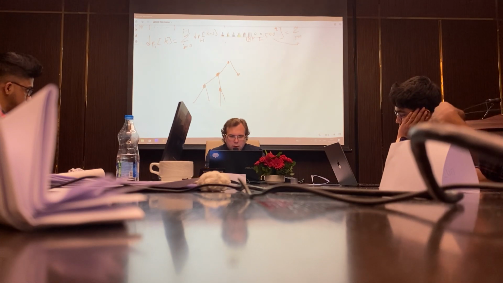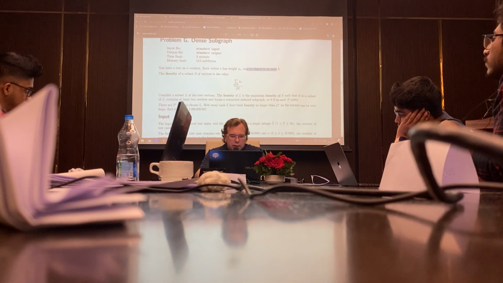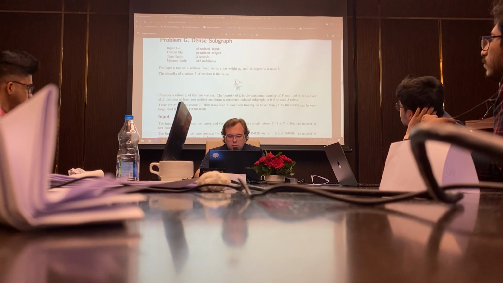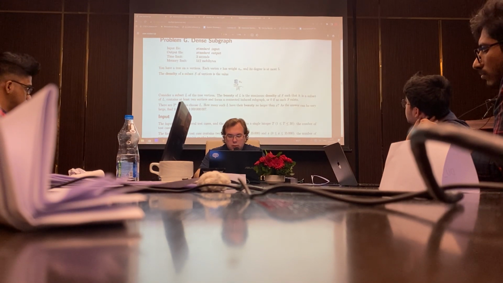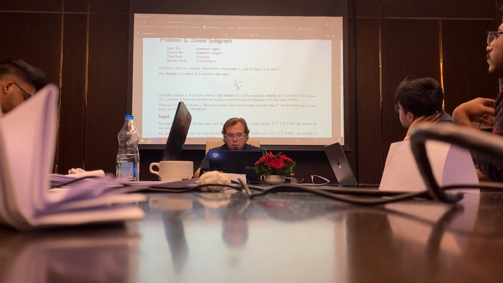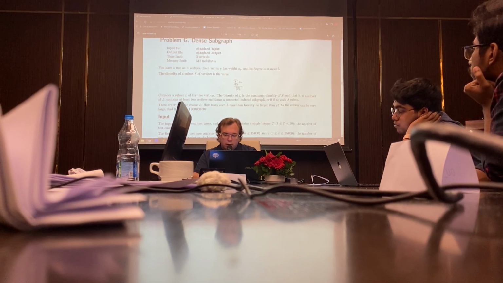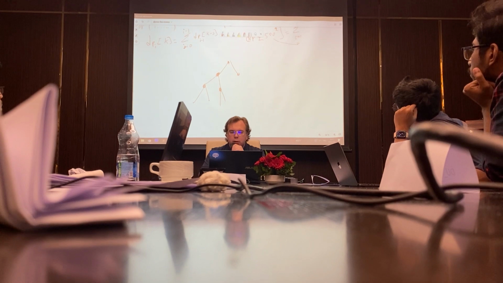And there was some density. Density is actually the mean of the weights of all vertices. And you need to find the number of some choosing subset L. Subset L is a subset of vertices. You can choose some number of vertices, for example.